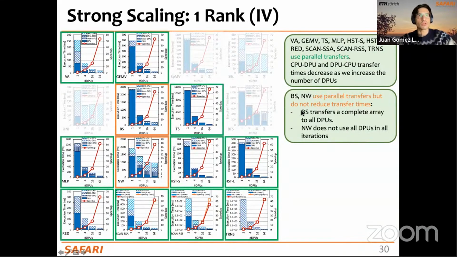It's not the only input array in BS, it's binary search. What we have in this workload is a long input array, and then a series of values that we want to find in this input array.